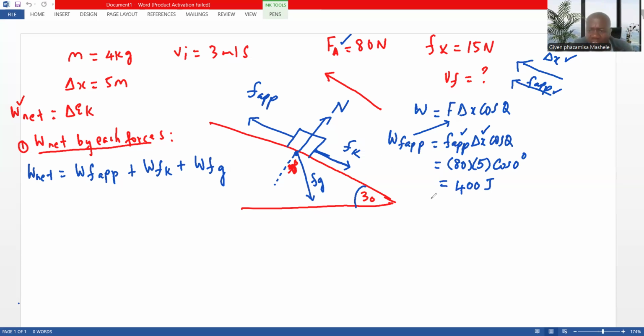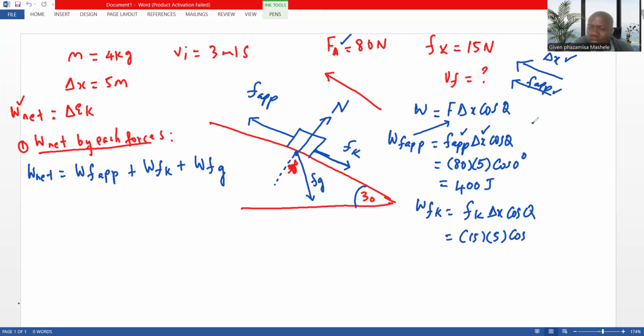Now we have to calculate the work done by the friction. Same applies: the frictional force times delta x times cos of theta. The friction is 15, and delta x is 5. What is the angle between friction and the displacement?